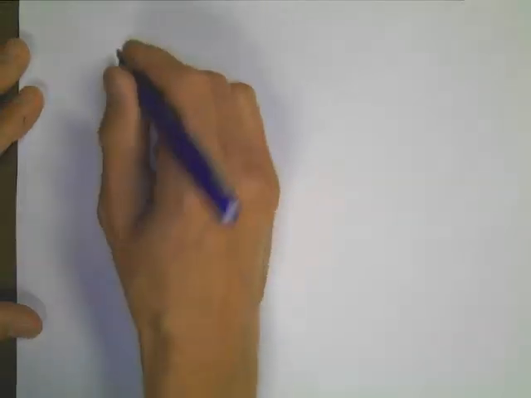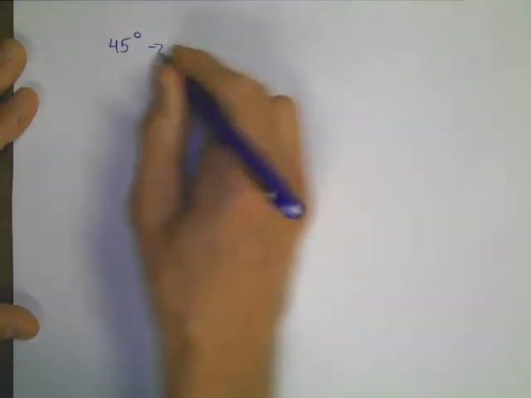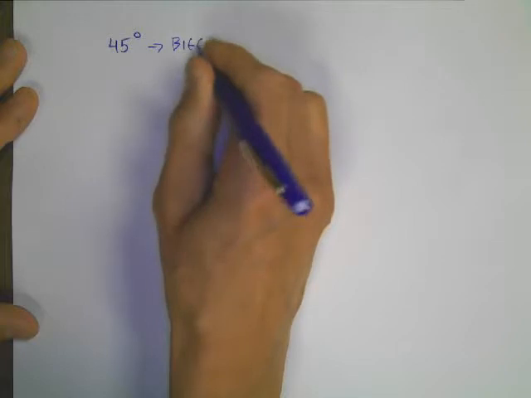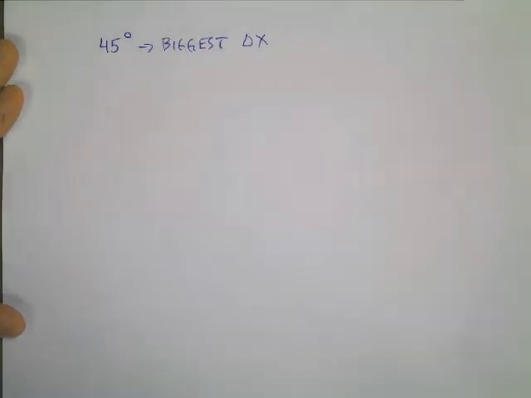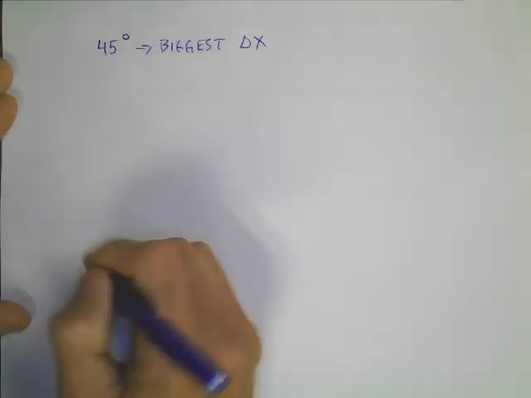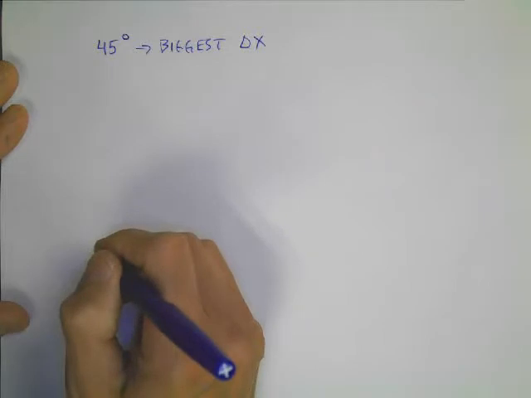One of the interesting things here is you can show two of the results that we've talked about so far in class. For example, we know that 45 degrees gives the biggest range. That's something we've seen before. And it's pretty easy to show why now, because you can approach this from a calculus point of view.